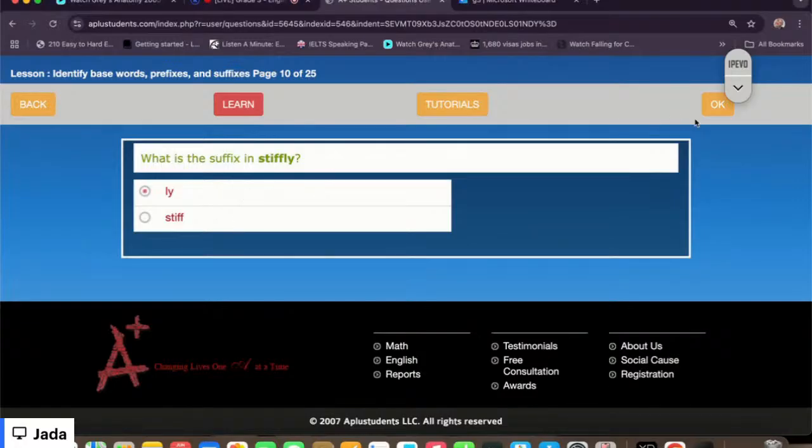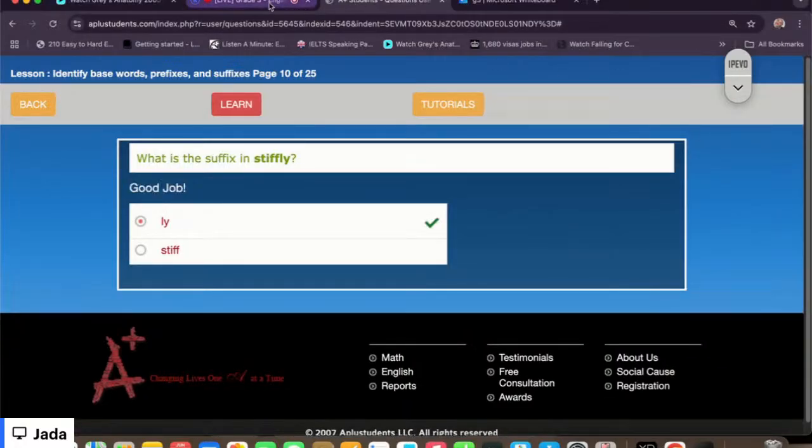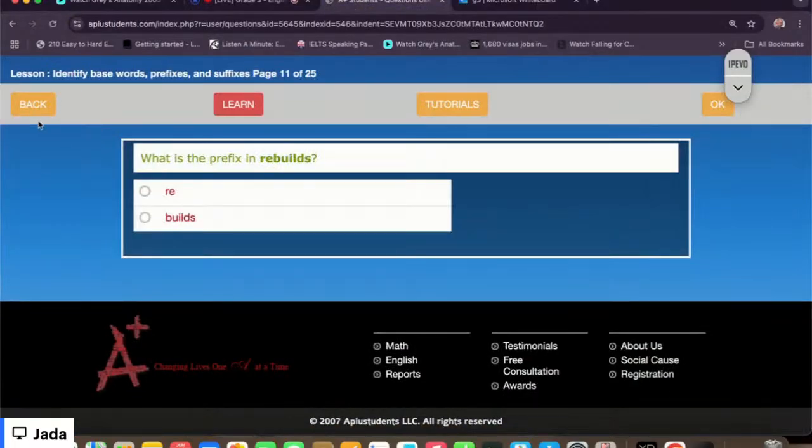All right, so we have the ly. Okay, that's it for the first lesson, which is identify base word, prefix, and suffix. We'll move on to the next.